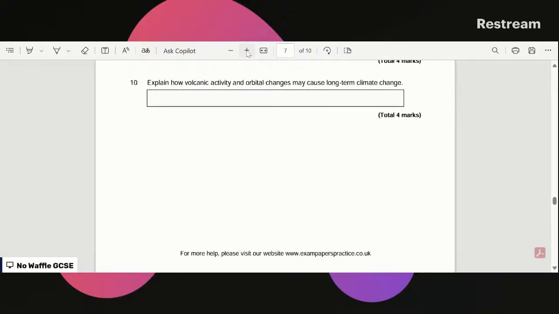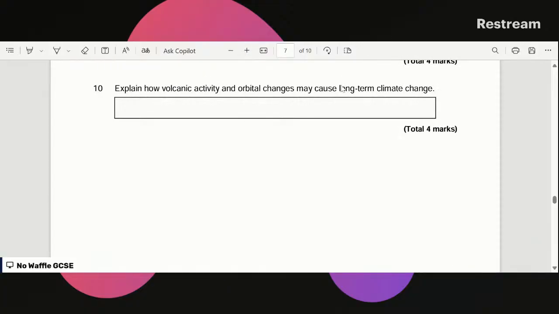Explain how volcanic activity and orbital changes may cause long-term climate change. So we actually spoke about this in the previous AQA Geography revision live, but we can go through it again.